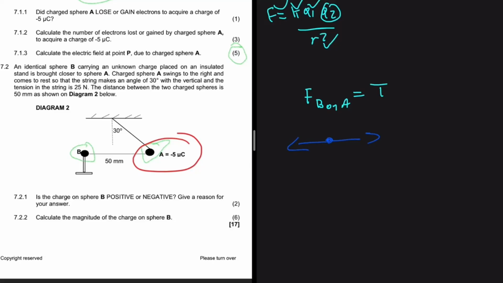So these two forces are balanced. If we can find the x component of the tension, then we can find FB on A.